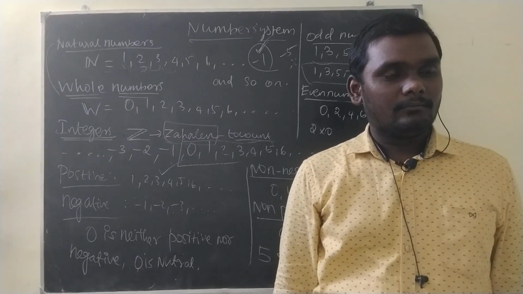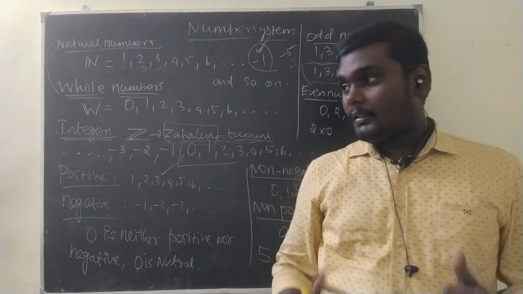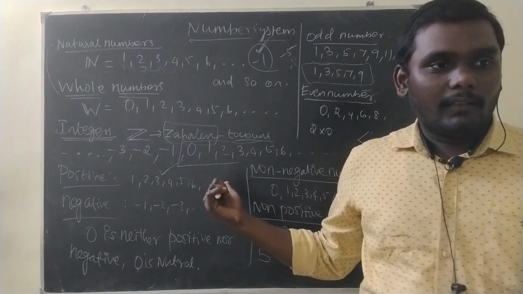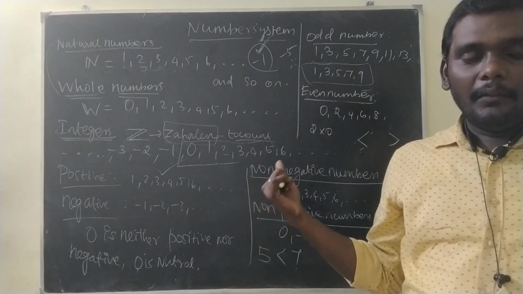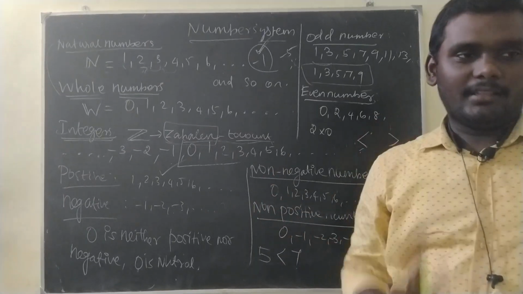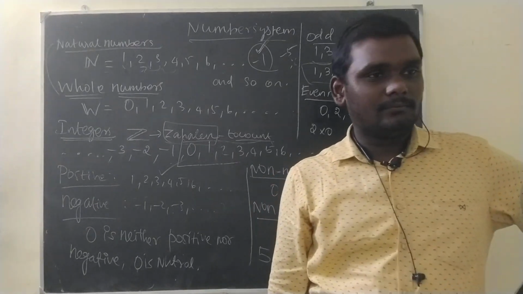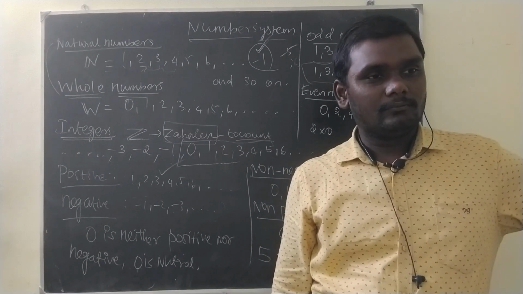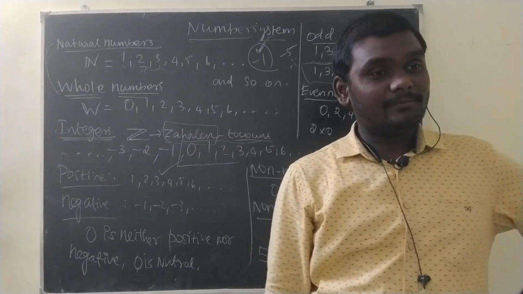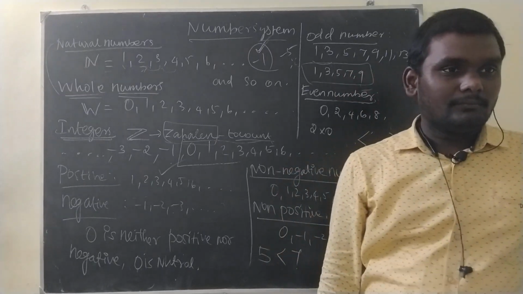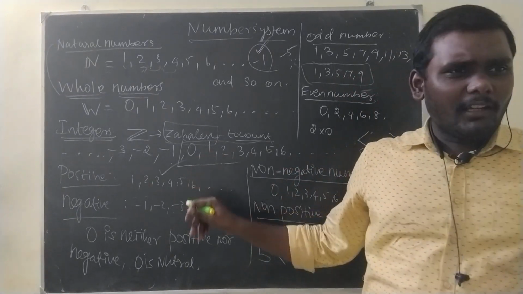Okay. Now we come back to natural numbers and integers. Which is the largest integer? Cannot be determined. Which is the smallest integer? See, 0 is here. Why are you saying it cannot be determined?